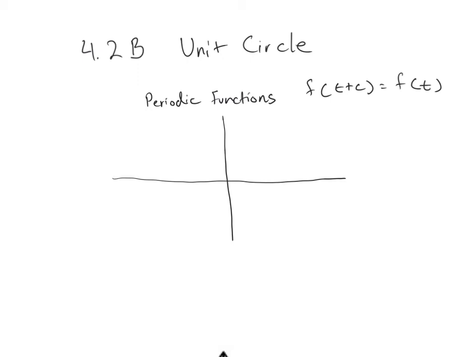So a periodic function kind of repeats itself. It's not the best picture, but we all know by now, I am not the best drawer. But it's saying that the function will repeat itself again and again and again.